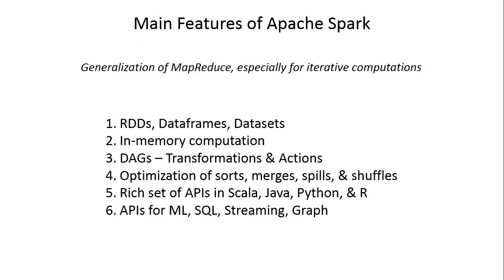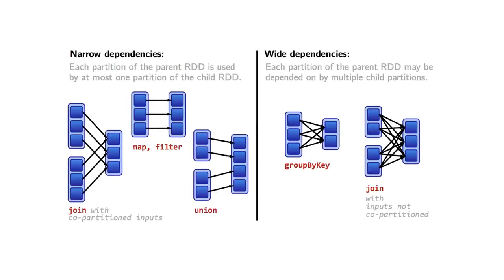And then Spark also provides a very rich set of APIs in Scala, Java, Python, and R. You will be mostly using Python, I guess, but you can also easily switch to Scala if you want. And it has a number of APIs for machine learning, SQL, streaming, and graph. So those are the six things that you really need to know about Spark.